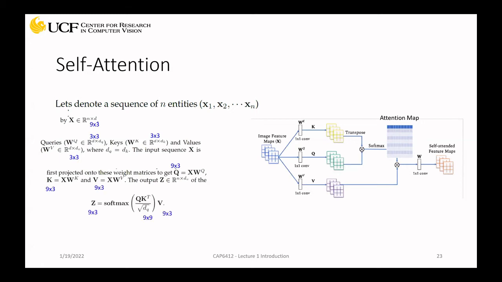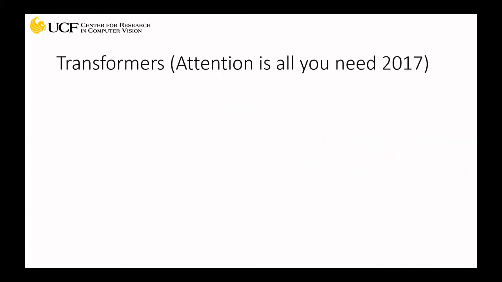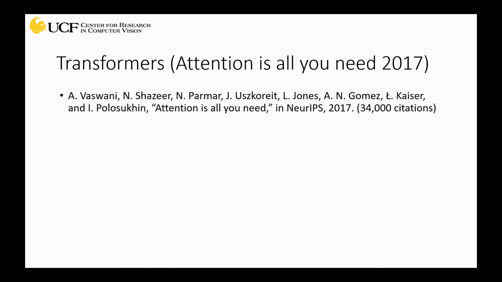And so now let's continue. This whole idea came from the paper Attention Is All You Need. It was published in 2017 by these guys from Google. In 4 or 5 years, it already has 34,000 citations. It's a big breakthrough.